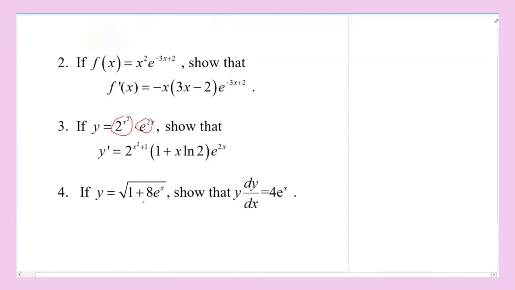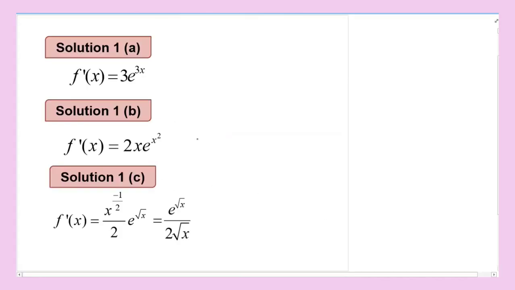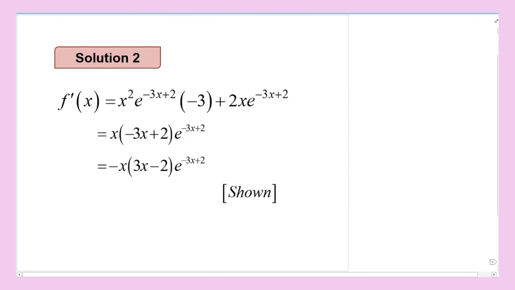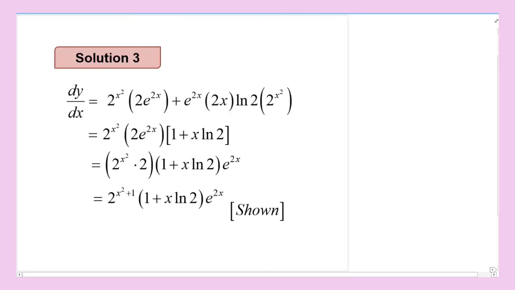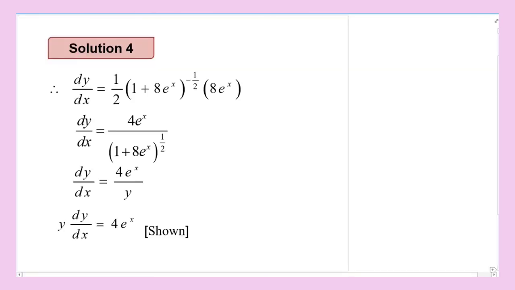And this one you gunalah guna alternate atau product rule, power rule. And this one solution for number 1. For number 2. Okay, solution shown. Jadi ini solution for number 4 shown juga kan.